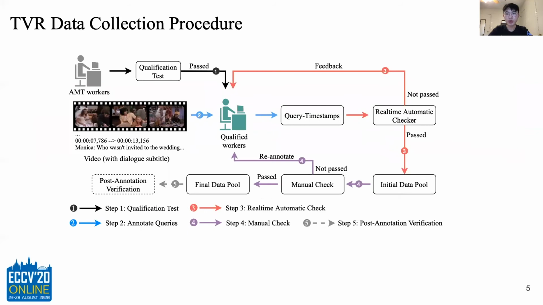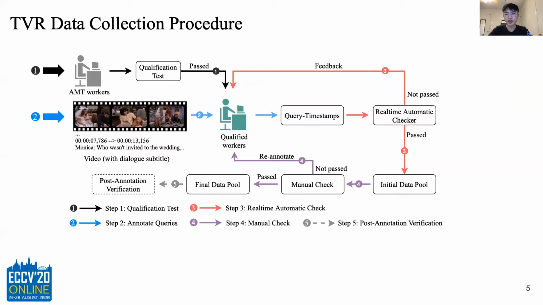To collect high-quality annotations, we adopt the following collection procedure with a set of checks and tests. At step 1, we use a qualification test of 12 questions to make sure workers understand our requirements. At step 2, qualified workers from step 1 perform annotation following our instructions.